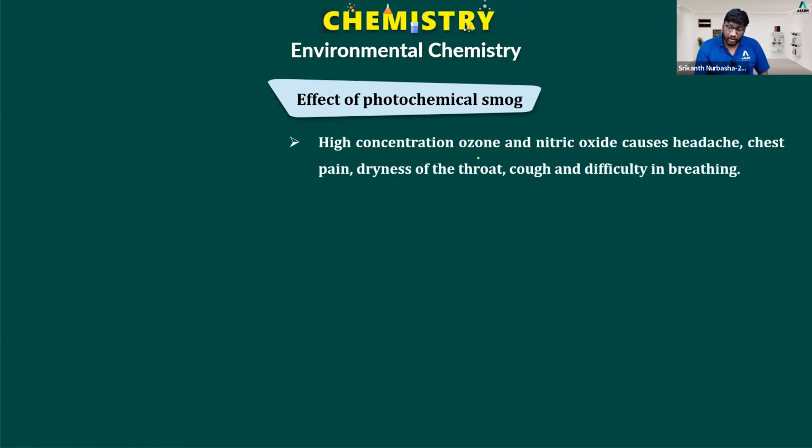High concentration of ozone and nitric oxide causes headache, chest pain, dryness of the throat, cough, and difficulty in breathing. These are the different difficulties, different types of diseases which are obtained because of photochemical smog.